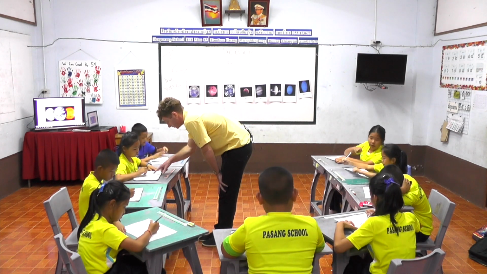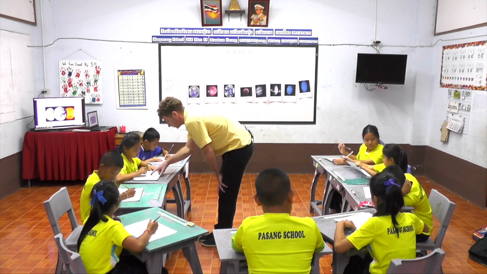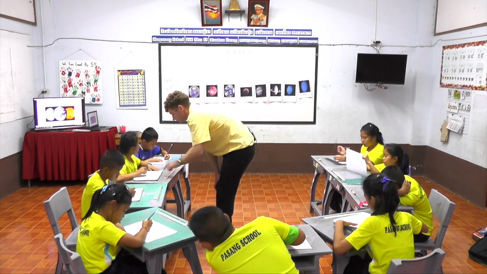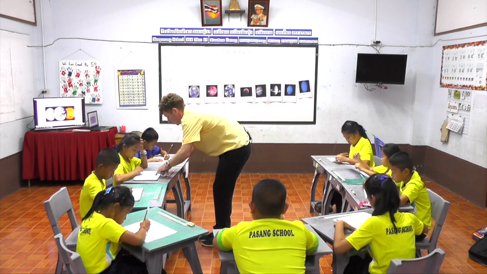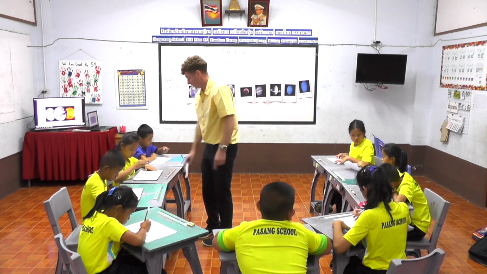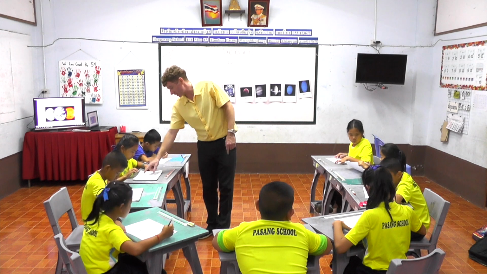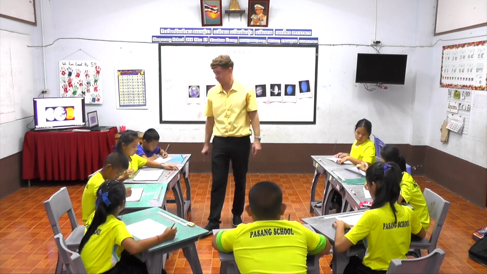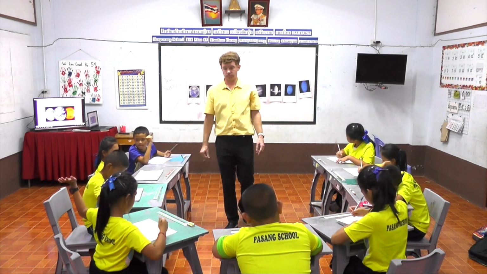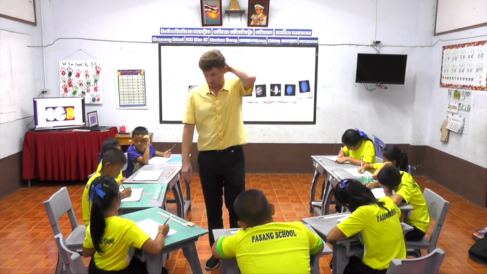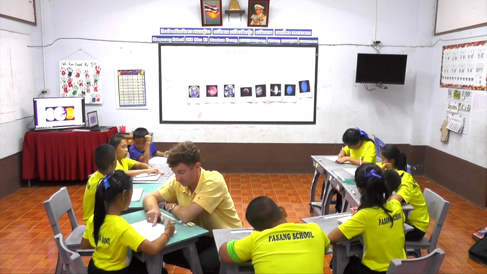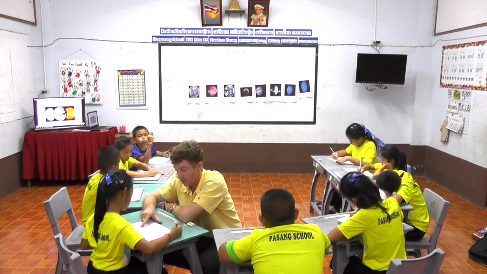Mercury, Venus, Earth. And then what comes after Earth? Mars goes here, in this box. Okay, so Mercury, Venus, Earth, Mars.